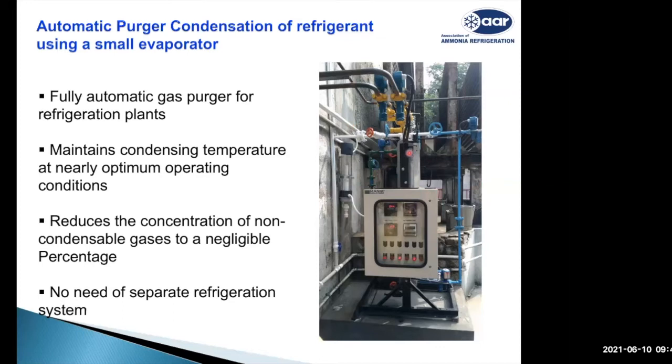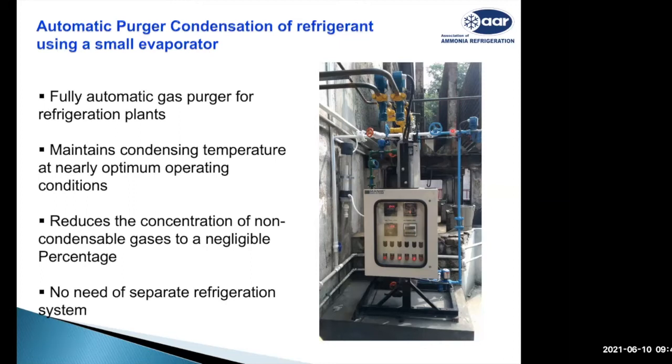It's a fully automatic purging system, so you do not need an operator to run it. It keeps monitoring the foul gases in the system and keeps removing them. So naturally your condensing temperature remains very low.